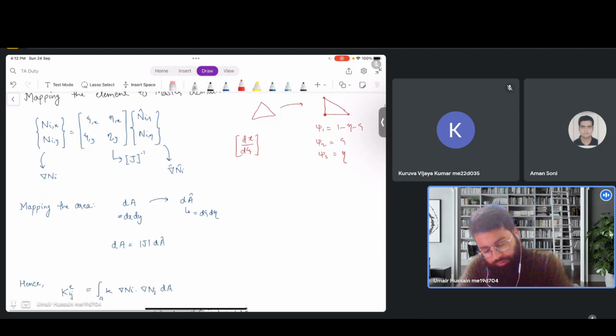So next part. Basically, what we had to transform is this integral, which here is a vector, and this other term is also a vector, and we had to transform this.